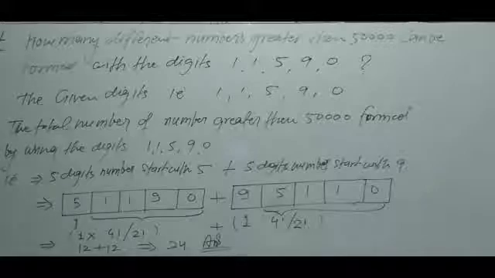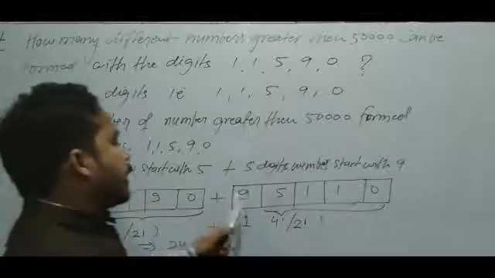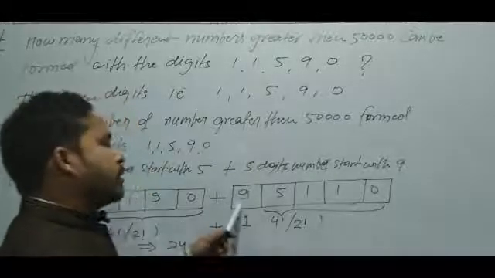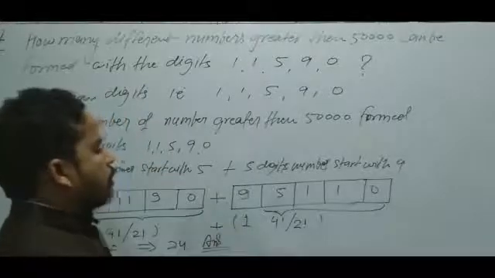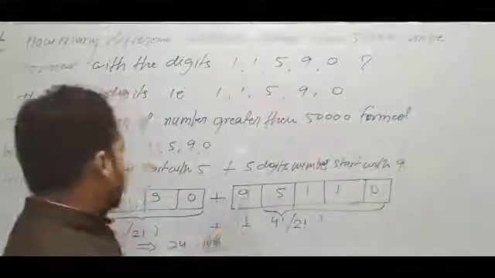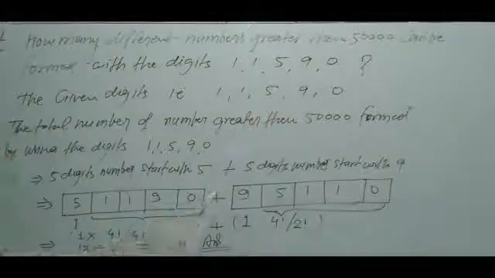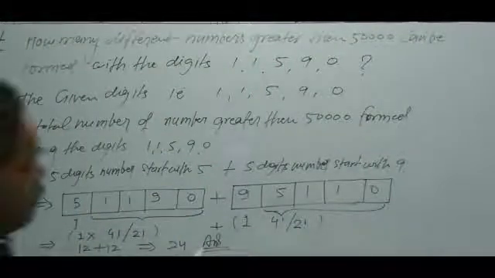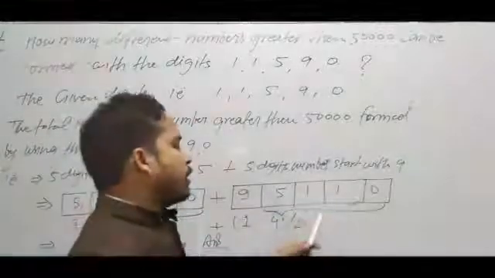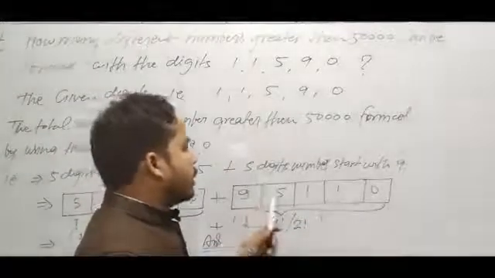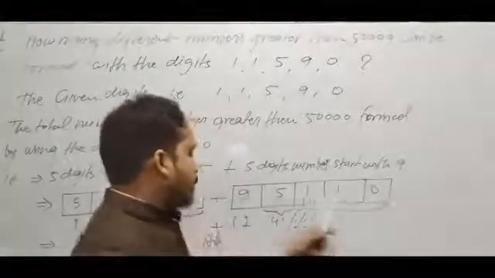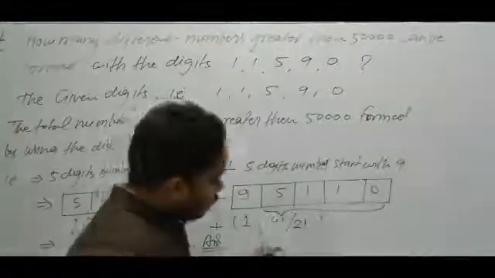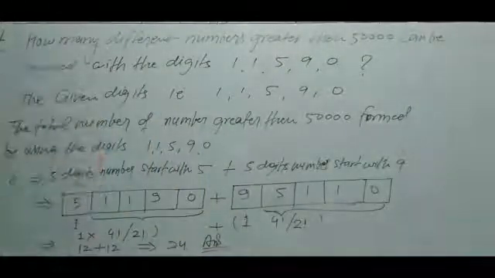Similarly, this 10,000 place we can set by using only one ways. Only we can set 9 here. We have set 5, similarly we can set 9. So 9 when you put by one ways, so 5110 is remaining digits. So 5110 we can set by using factorial 4, and the repeating digit is factorial 2.